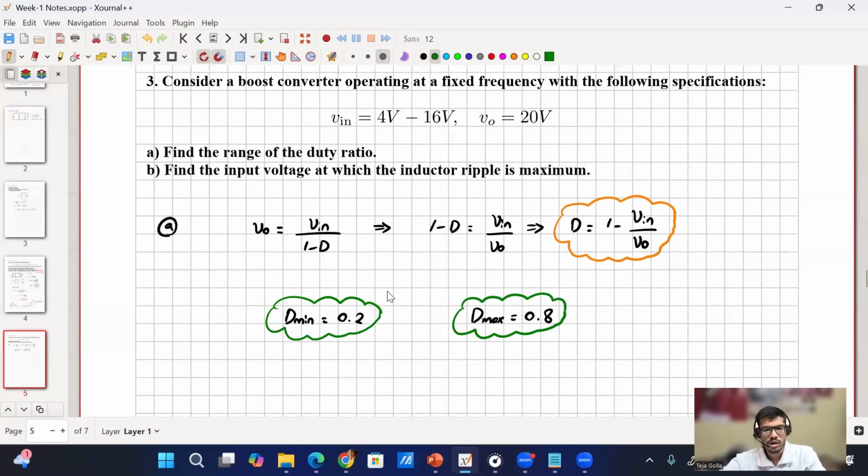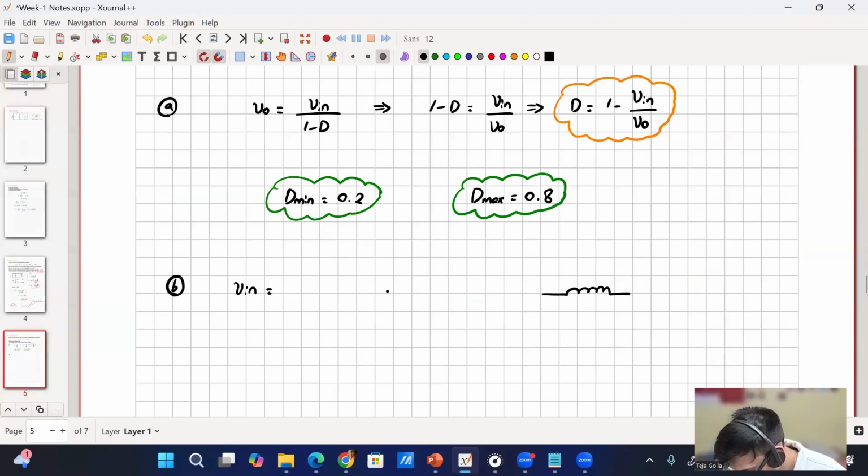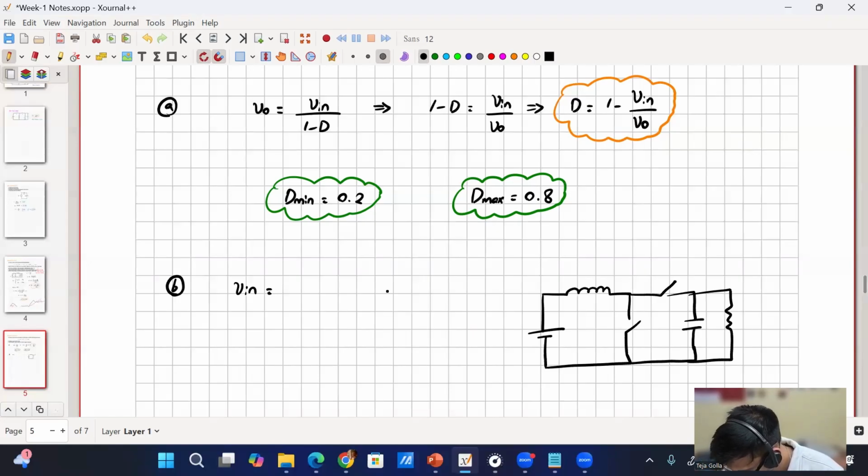Okay, so now for the boost converter, let us see at what condition ripple is worst. If I draw the circuit, this is the switch. So V L is equal to L dIL by dt.